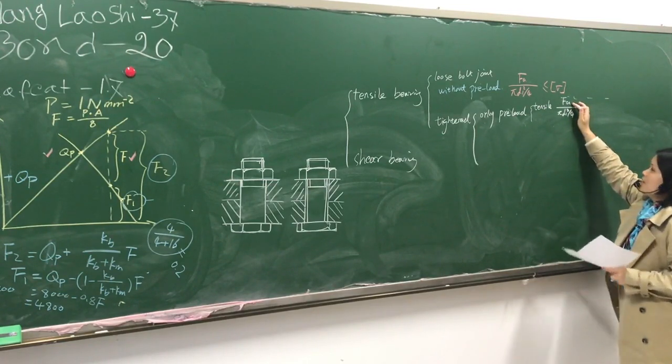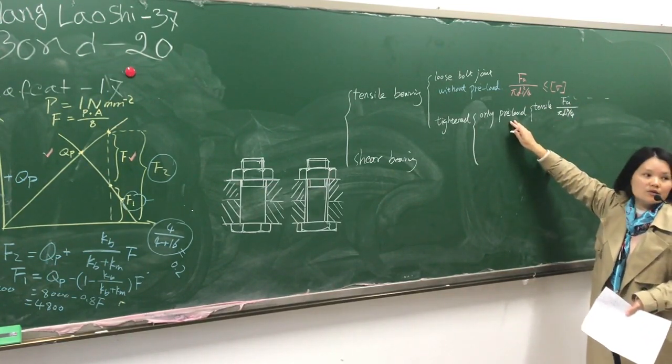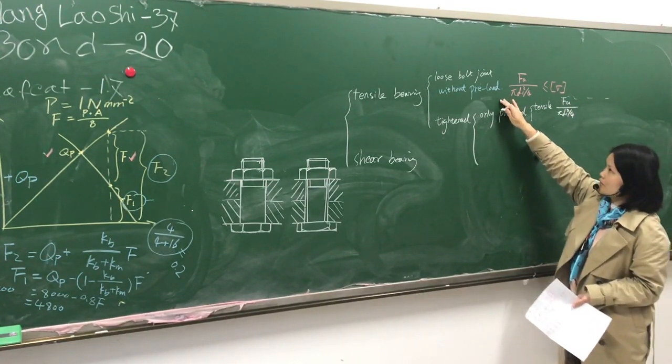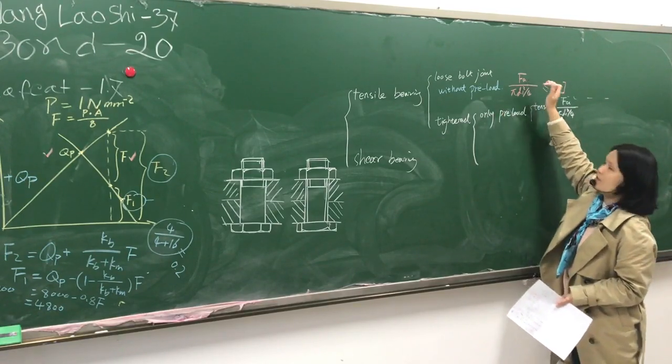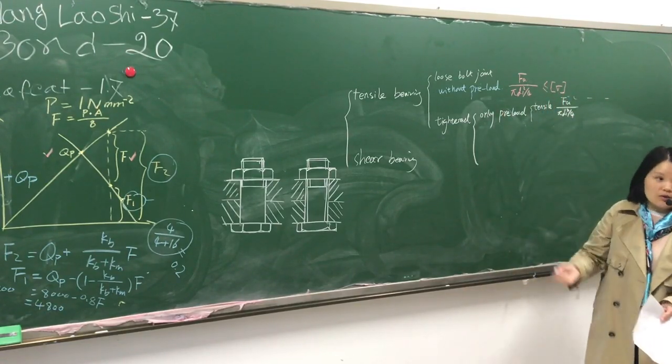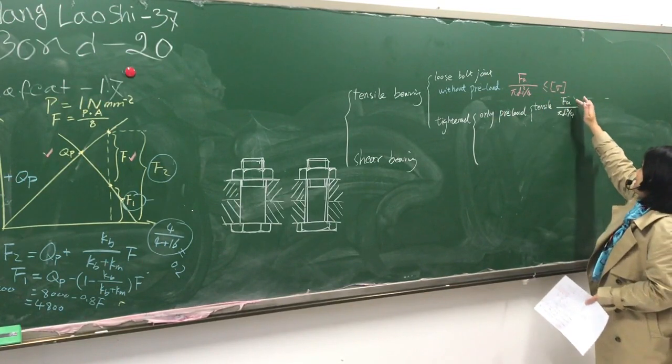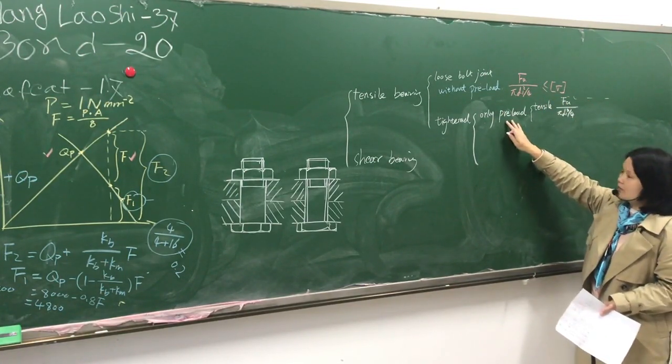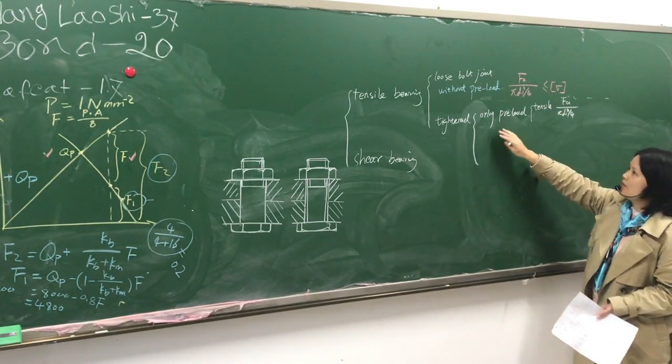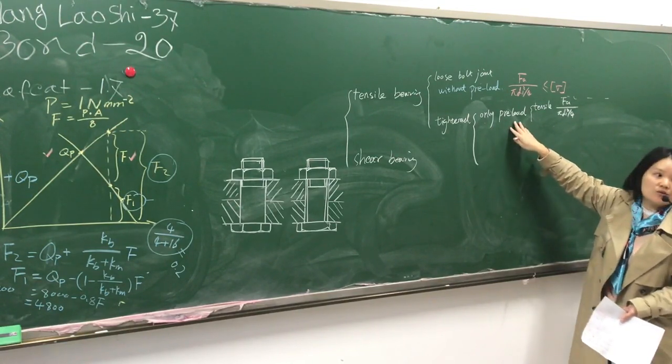The FA is preload. For this condition, without preload, the FA is operating stress. And for this, the FA is preload because the bolt is only subject to the preload.